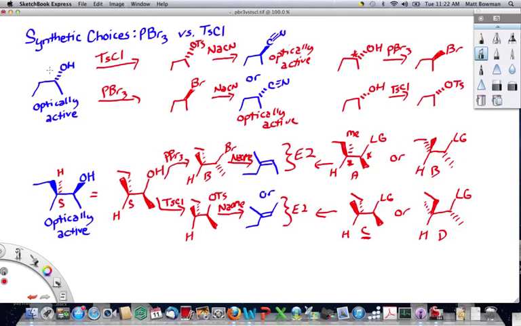Now, these optically active alcohols are easy to come by.